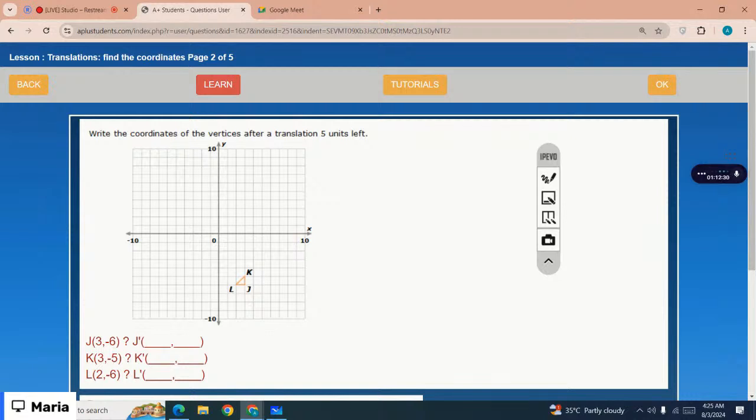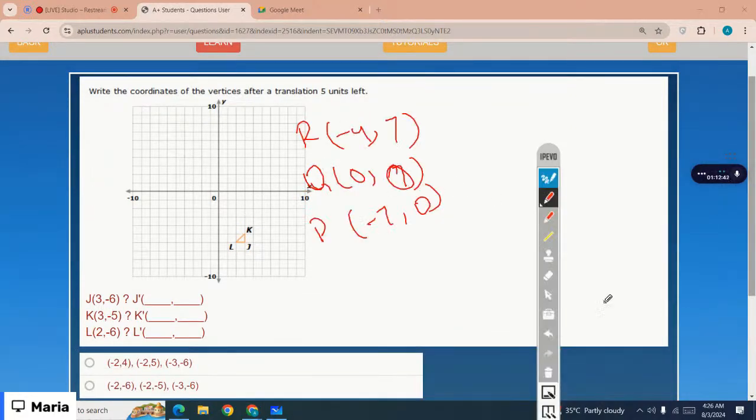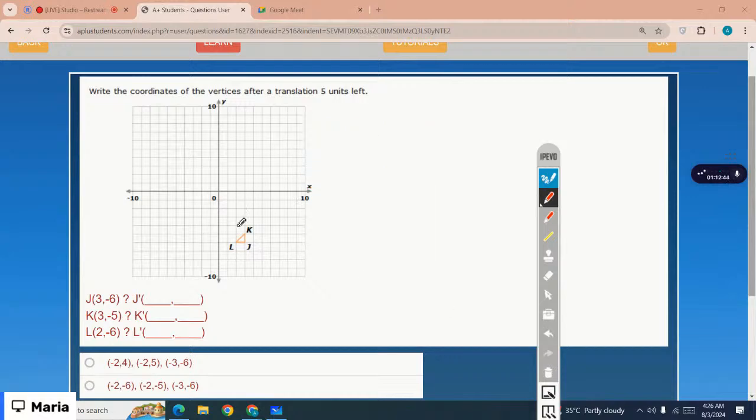Write the coordinates of the vertices after the translation 5 units left. So you have to now move 5 units left, right? Left means you need to move in this direction, right? 5 units left.